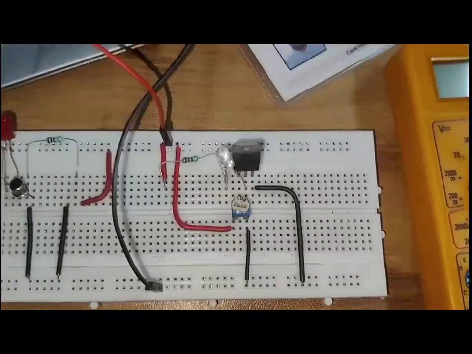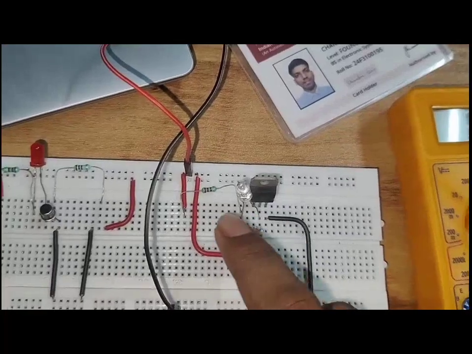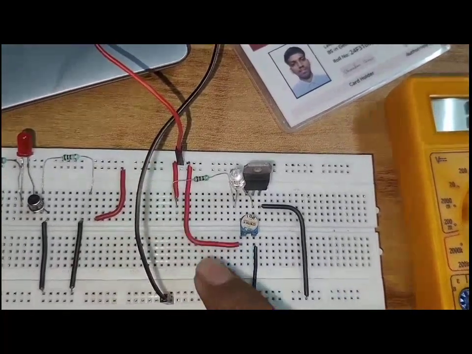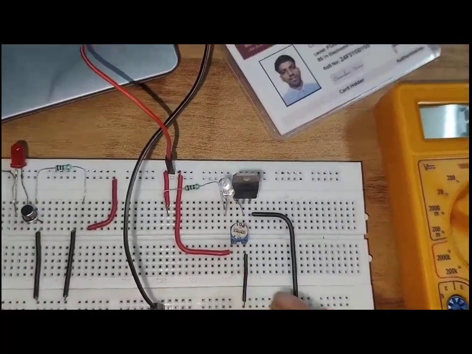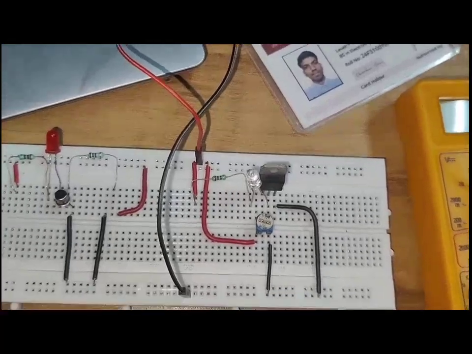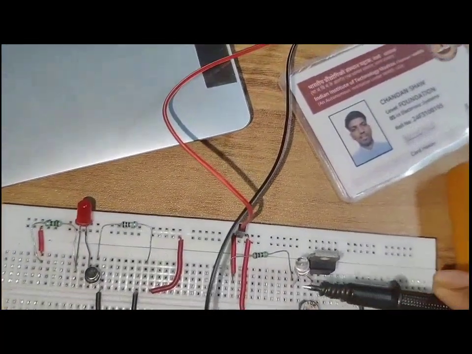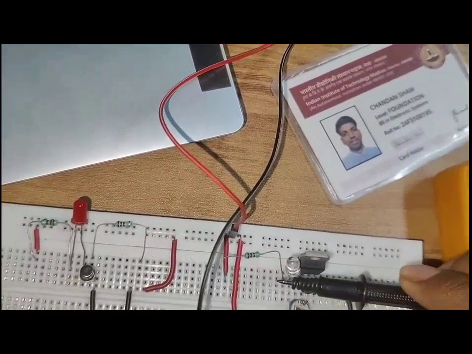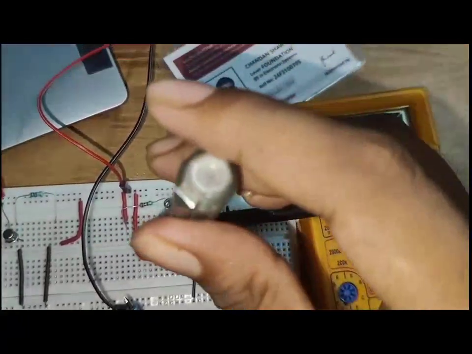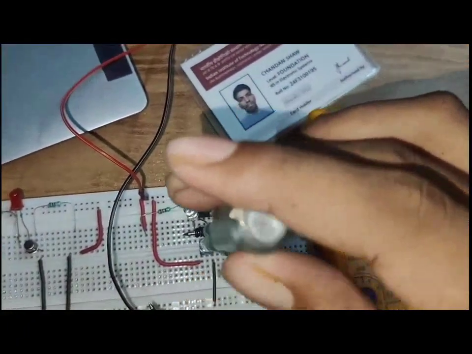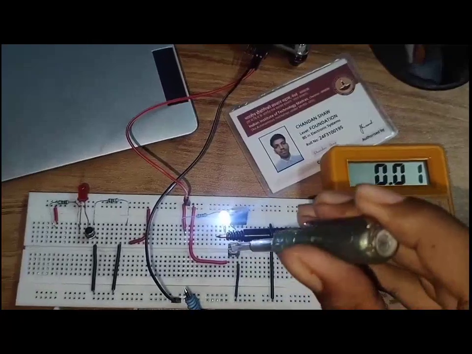This is the second circuit that is using MOSFET, and the drain is connected to the LED and resistance, and VCC is connected to the potentiometer, and gate, and the source is shorted, you can see. Now we are measuring VDS. The alarm was off, I forgot to turn it on, but it is now on.